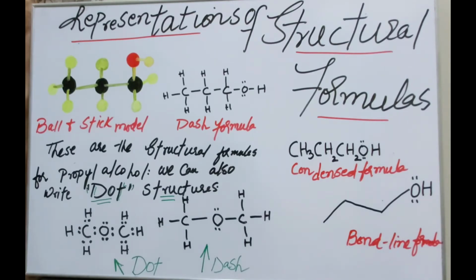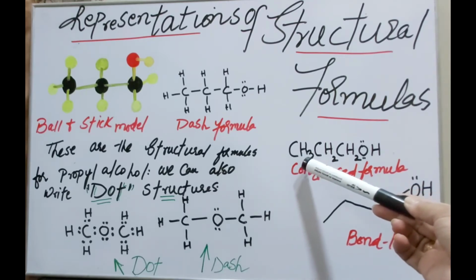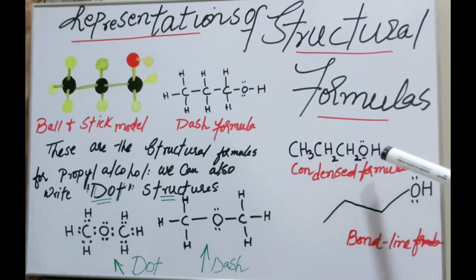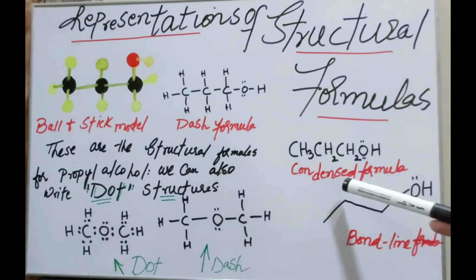Whereas the third one is the condensed formula. And what is a condensed formula? Again, these are different representations of the same formula. Here you see CH3, CH2, CH2OH, the same one: the ball and stick model, the dash formula, and the condensed formula.